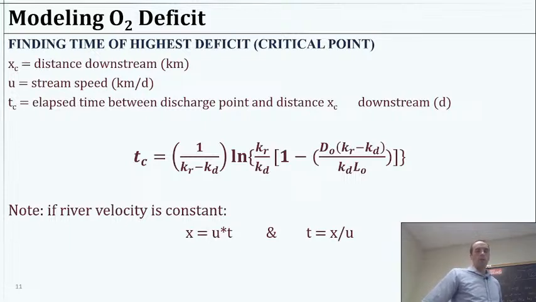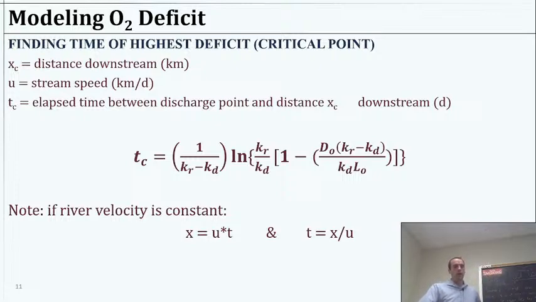We have the equation tc is equal to 1 over kr minus kd, and we notice again that we run into that same problem potentially: we might not be able to solve it in that manner if kr is equal to kd. So we have that times the natural log of kr over kd times 1 minus this quantity, which is D naught times kr minus kd divided by kd times L naught.